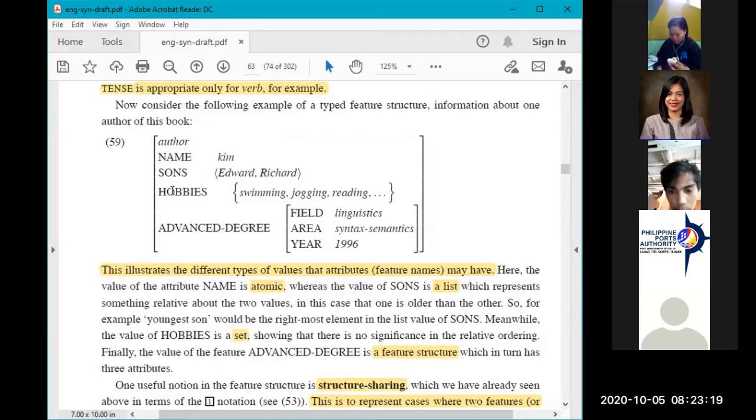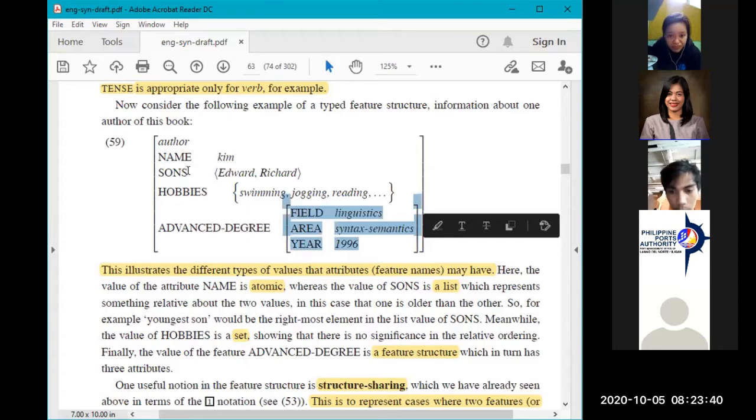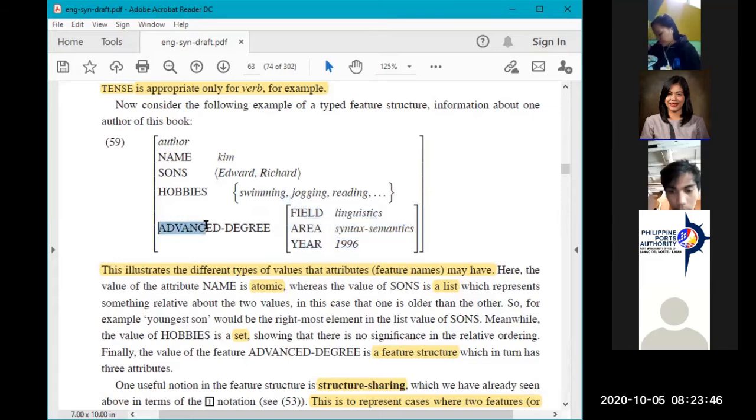And then the value hobbies is a set, which means there are many of these values: swimming, jogging, reading. And then advanced degree is a feature structure. If you notice, it has a bracket inside this feature structure. So within this feature structure, there is a smaller feature structure for the feature advanced degree.